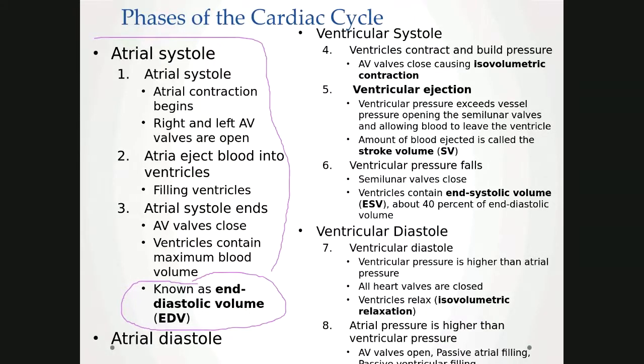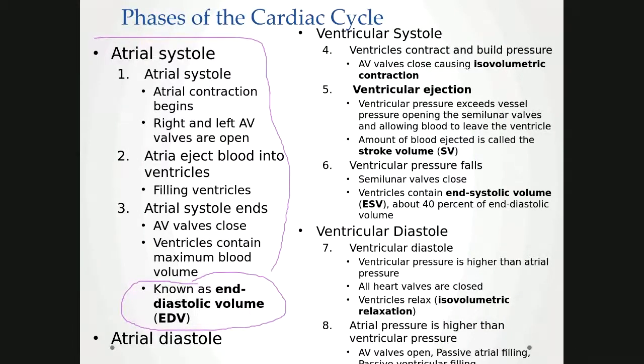Okay. So the end of the ventricle systole period is the closing of the semilunar valves. The beginning of the ventricle systole period is the closing of the AV valve. The fluid that is maximized in the ventricle at the start of systole, versus the fluid at the end of systole when the semilunar valves close, is going to be the lowest amount of fluid in the ventricle.